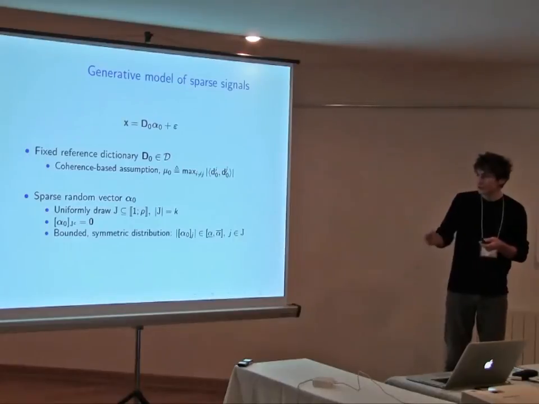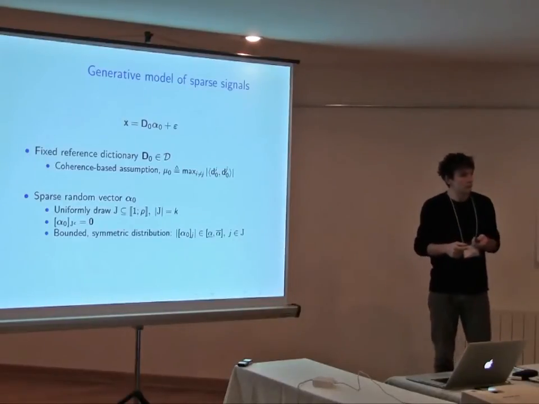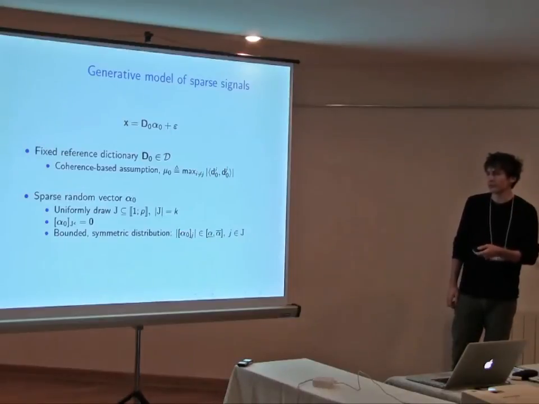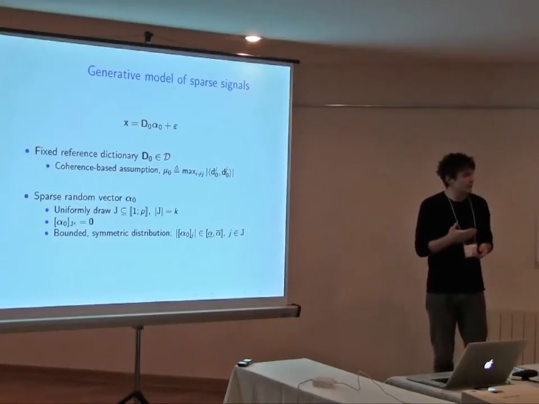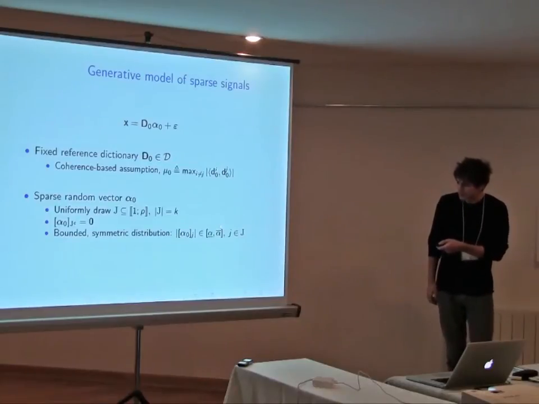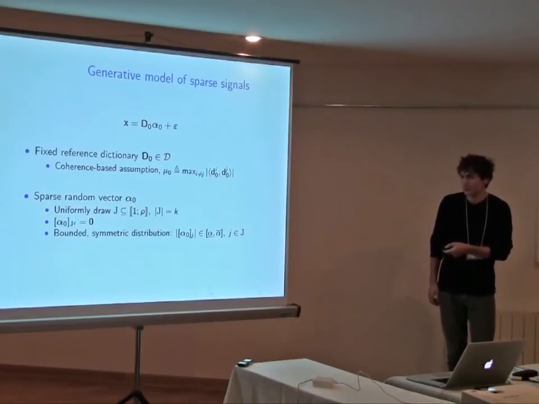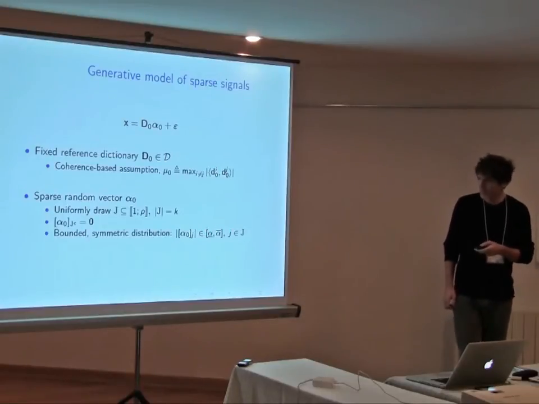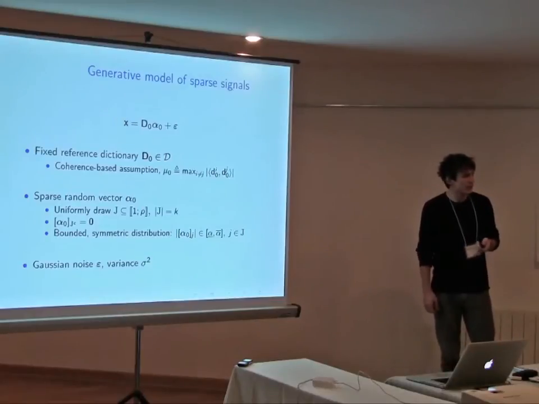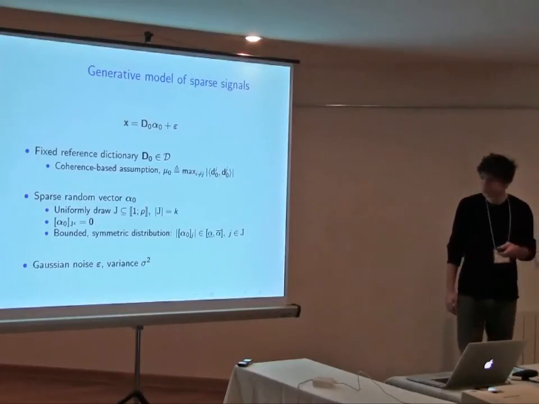And for the coefficients inside the support, we assume that those coefficients are generated according to some bounded symmetric distribution. The bounds of this distribution are given here. And finally, the noise is assumed Gaussian with some variance sigma squared.